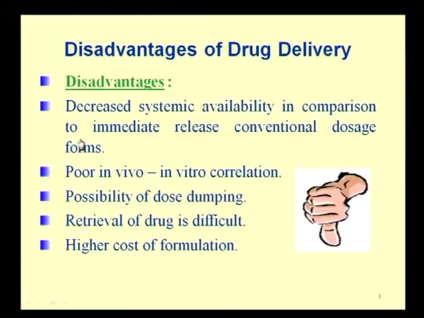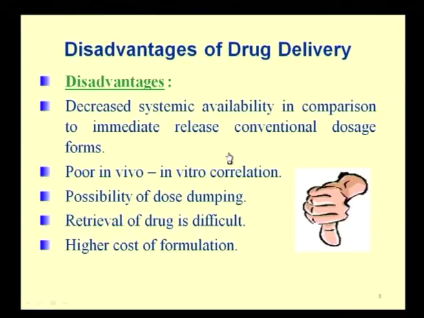Now, pointing out the different disadvantages of making use of drug delivery systems. The first one is decreased systemic availability in comparison to the immediate release, as it happens in the conventional dosage forms.